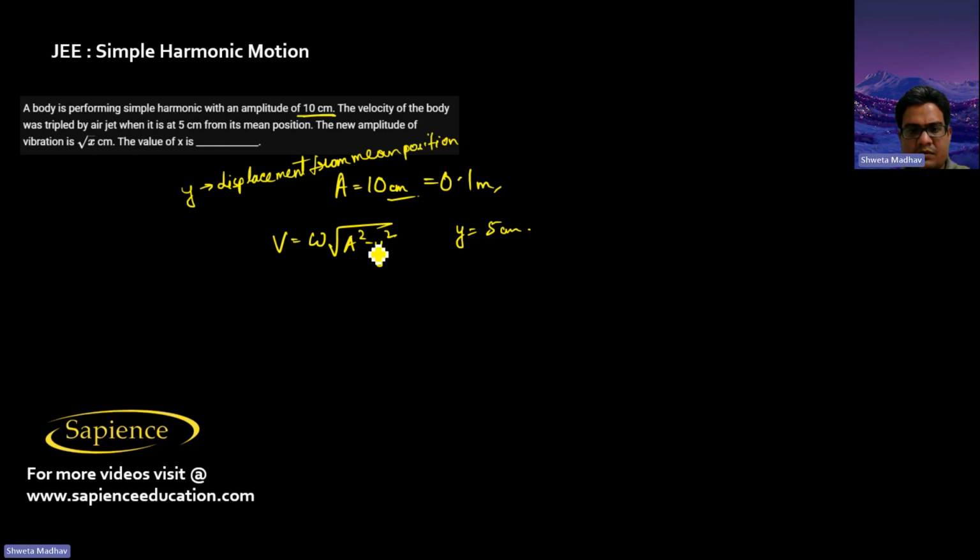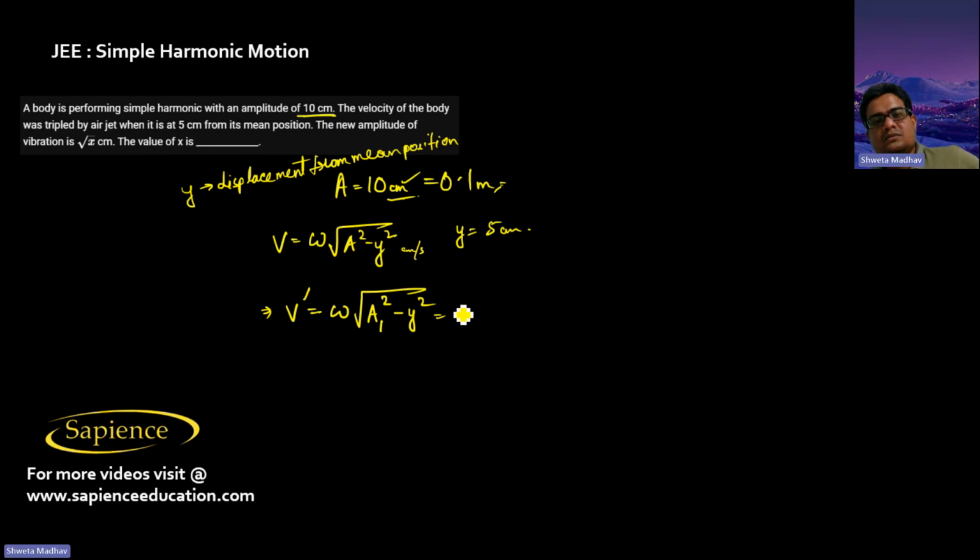If I take a and y in centimeters, then the velocity will come in centimeters per second. So I can say that the amplitude is 10 only, 10 centimeters. So I will say that v dash, the new velocity, is omega, which will not change since k and m are not changing, into root over a dash square, or I can say a1 square minus y square.